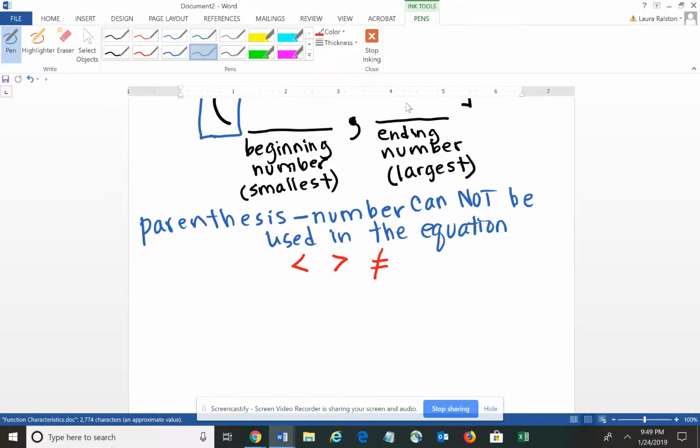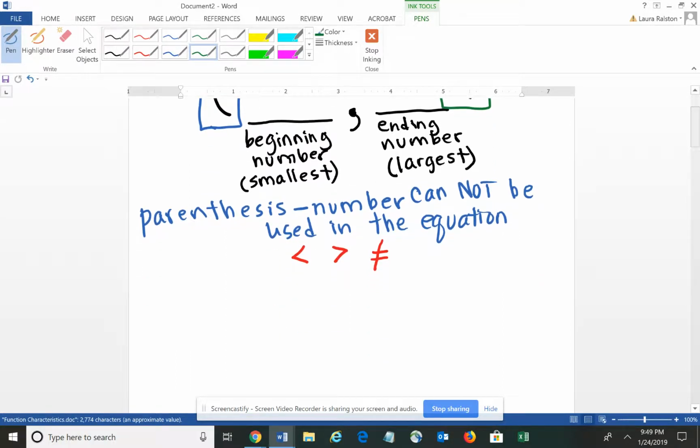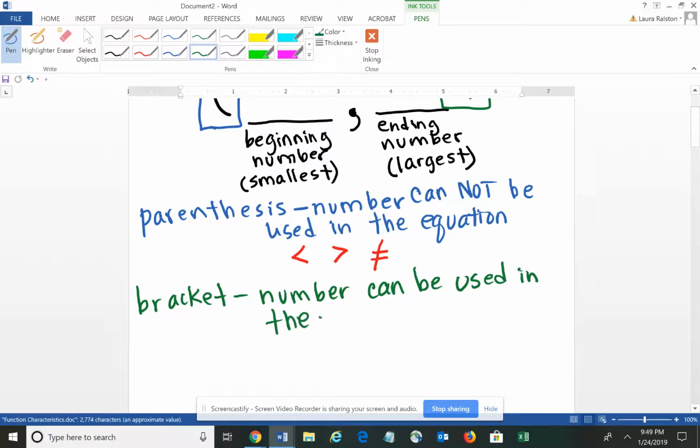On the other end, or you could have it at the beginning, you could have the bracket. The bracket is the squared-off symbol. With the bracket, it means the number can be used in the equation or the inequality.